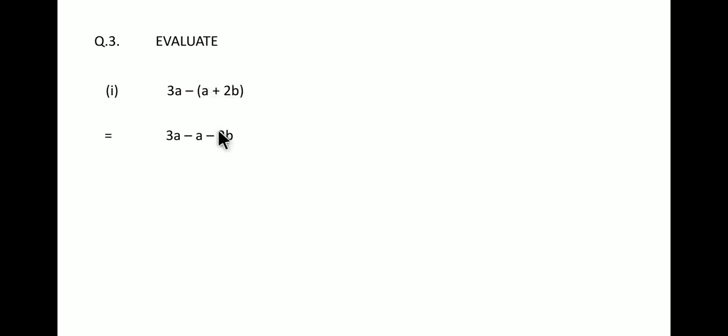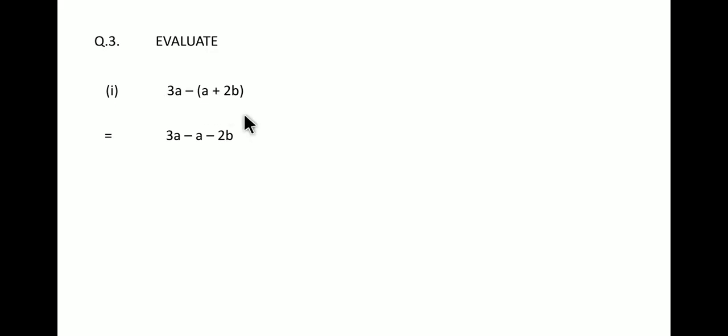So plus 2b becomes minus 2b. Had there been some other terms like plus 4c or minus 3d, then all those terms would also change their signs. So you need to be extra careful when there is a minus sign in front.